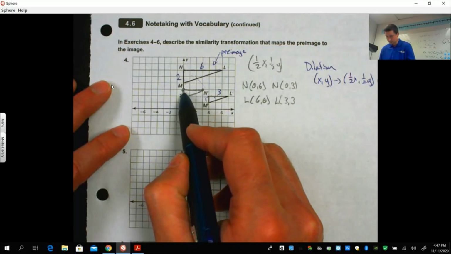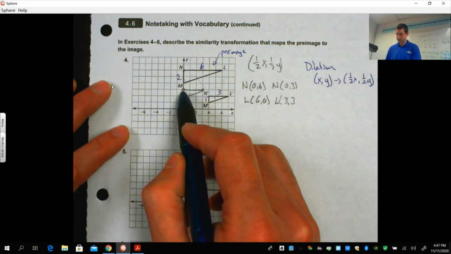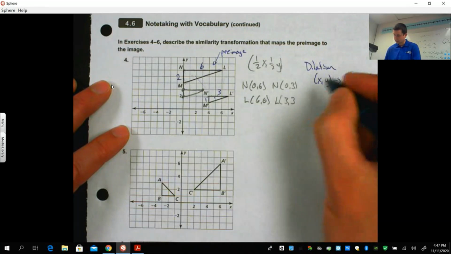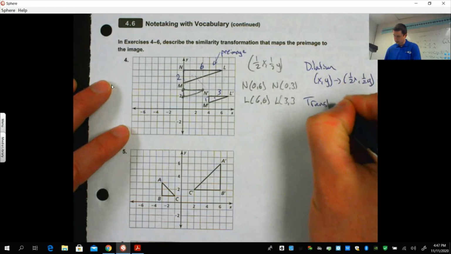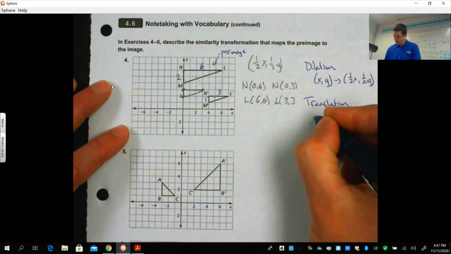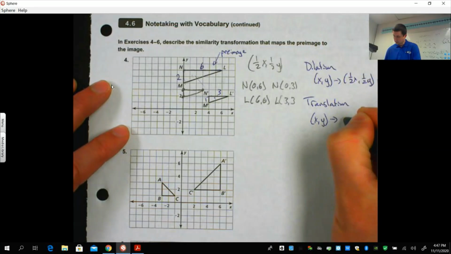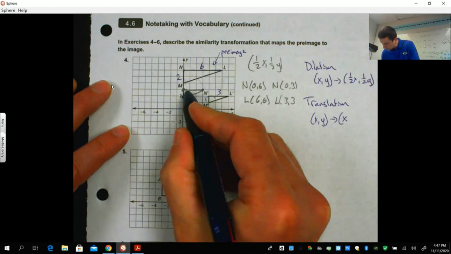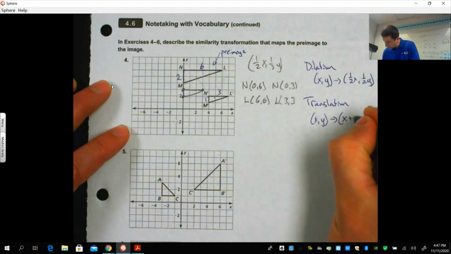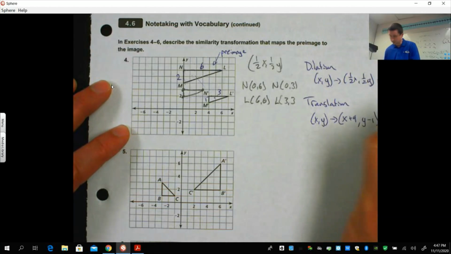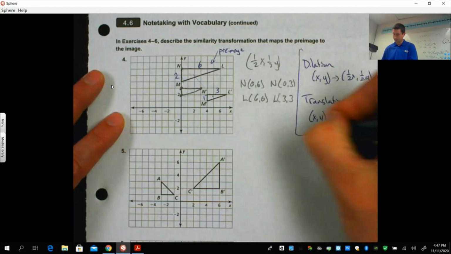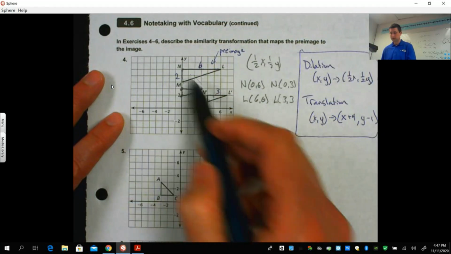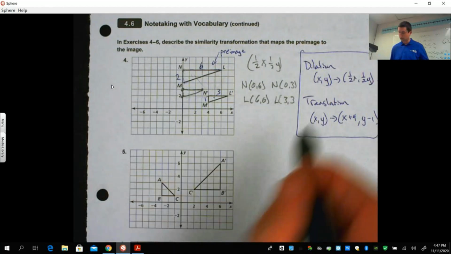This is my N, remember, up here. I have to go down 1 and match it up with that. So we're going to do a translation. I'm going to say xy goes to x plus 4, y minus 1. That is your similarity transformation going from here to here. That's how you know they're similar, because you can do those steps to make it happen.